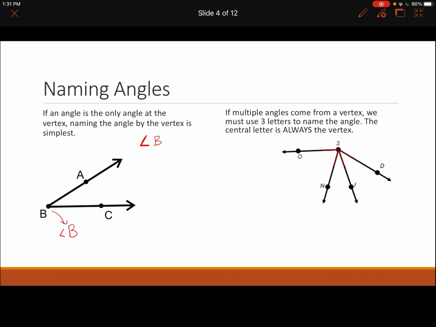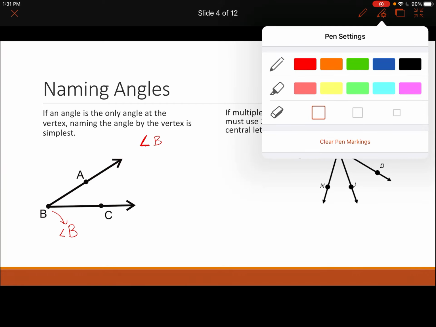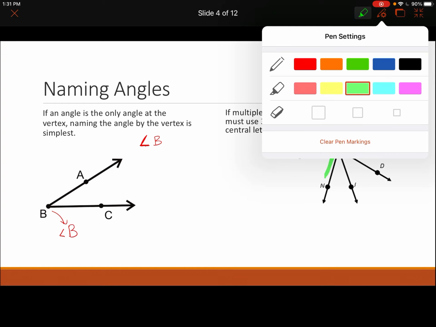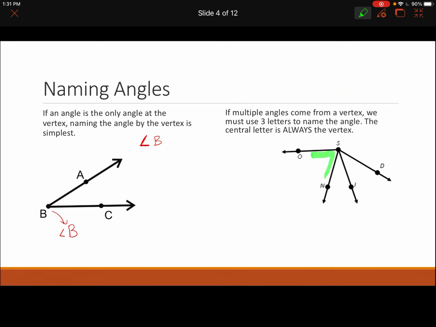So when multiple angles come from one vertex, we need to use 3 letters to name them. So we're going to outline some angles in different colors so we can see what their names will be. The angle where the interior is green is going to be angle OSN.